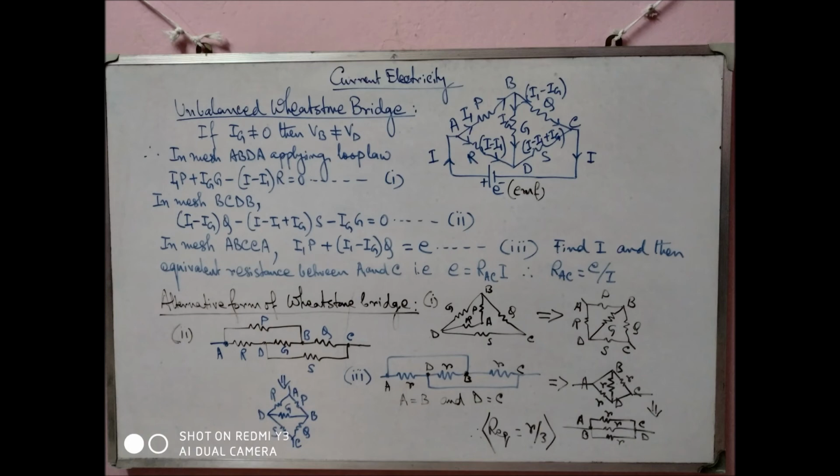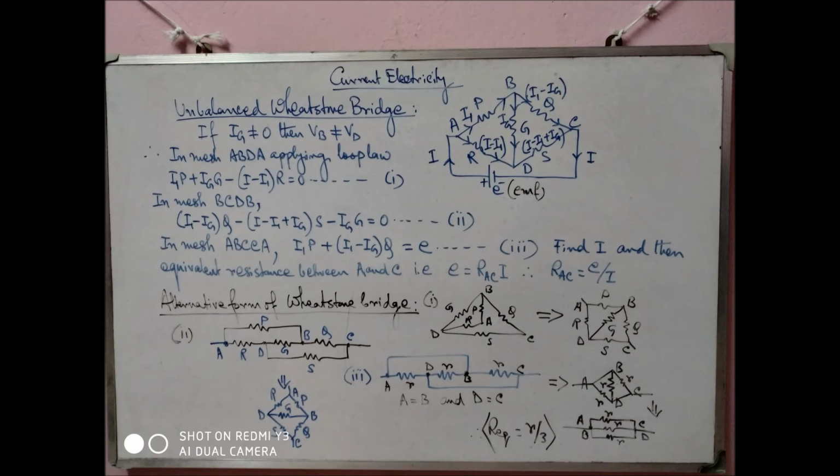So I am not considering the internal resistance of the cell. Only EMF is there, small r equal to 0, though practically it is not so, but presently I am taking it. That means I1P, again by the loop law, I1P plus I minus I1 into Q equal to E.